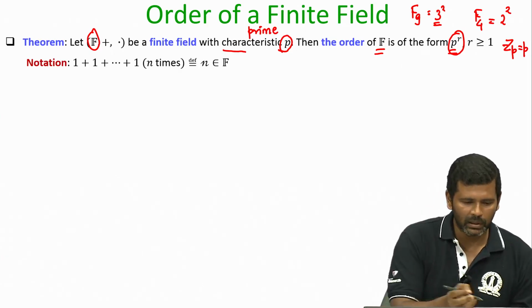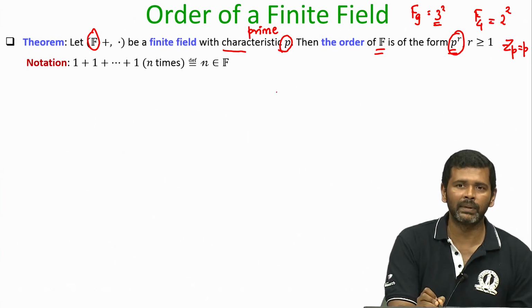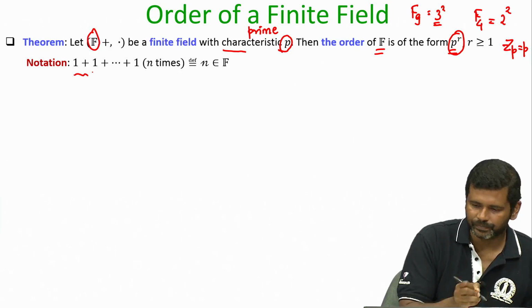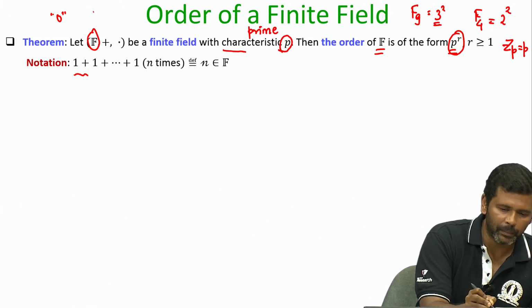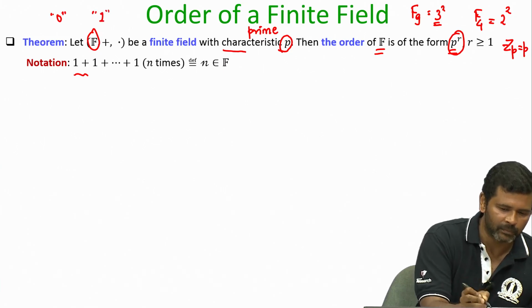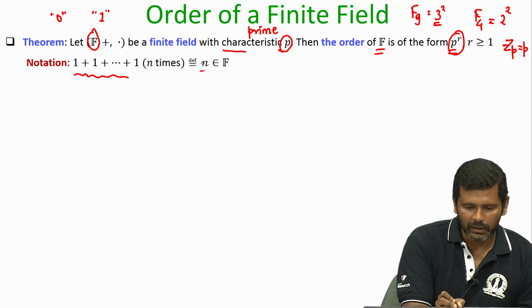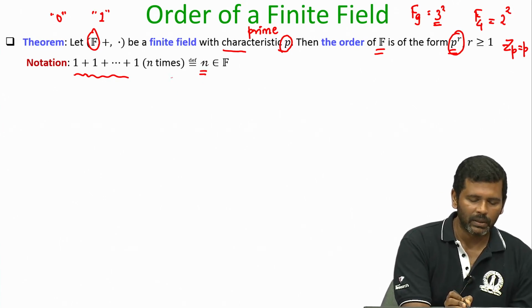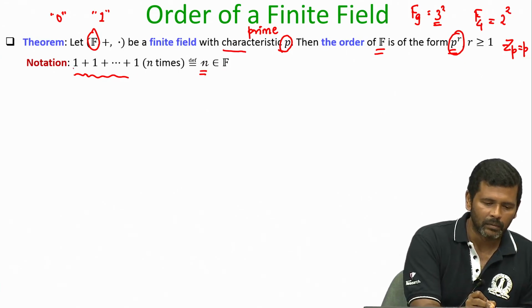So, before going into the proof of this theorem, we are going to introduce some notations which we will be using in the proof. Remember the additive identity of the group is 0 and the multiplicative identity is 1. I will use the notation n, with a different font, to denote the element which I obtain by adding the multiplicative identity n number of times.